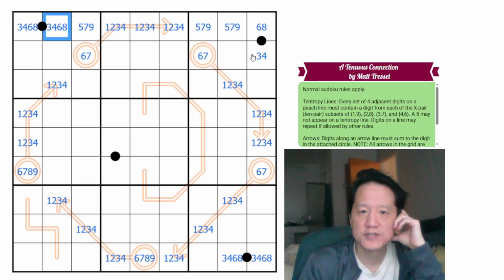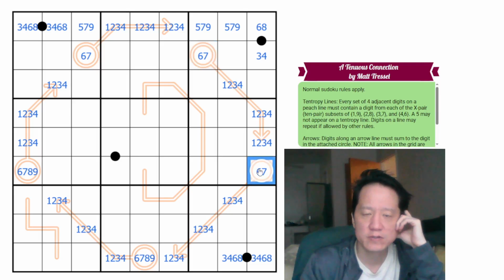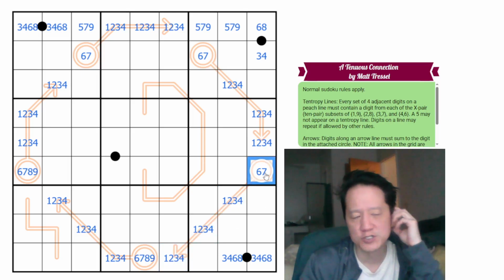Okay, if this is 3 and 6, that would mean both of these are 7. This would also mean this has to be 4 and 8, which would eliminate 4 from being here, which would make this 1, 2, and 3, which would force this to be 6.